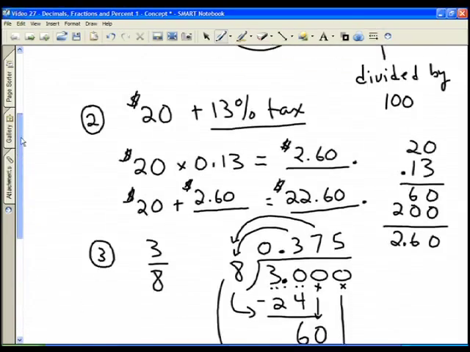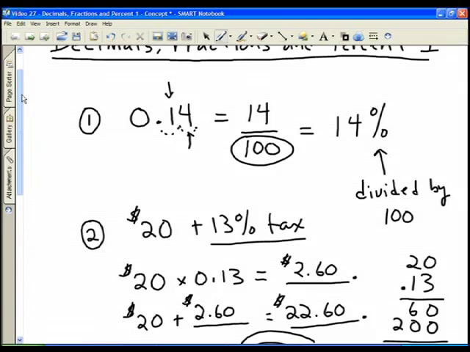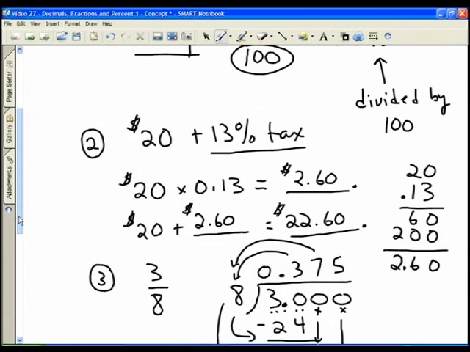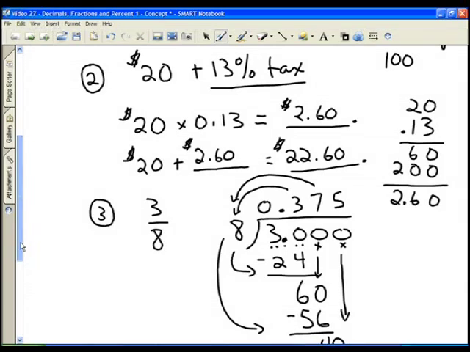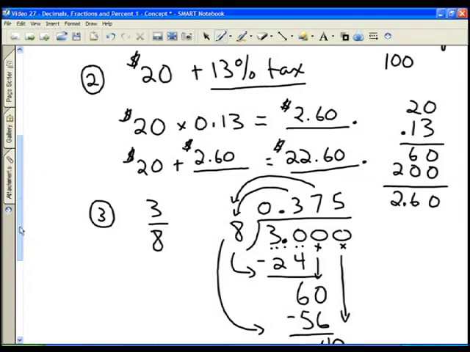So we can have a decimal and convert it to a fraction and then represent it as a percent. And if we need to calculate a percent, we can use what we've learned about multiplication of decimals in order to figure the percentage out, as in this tax example.